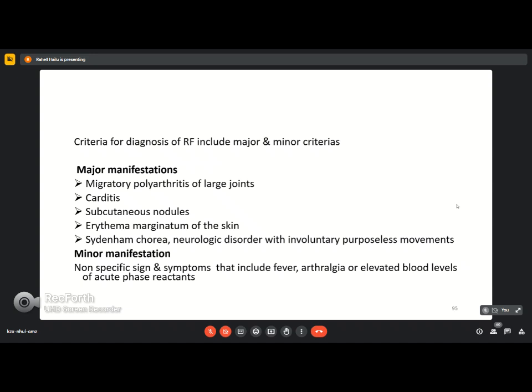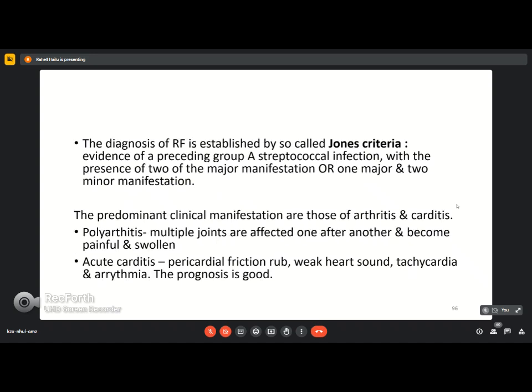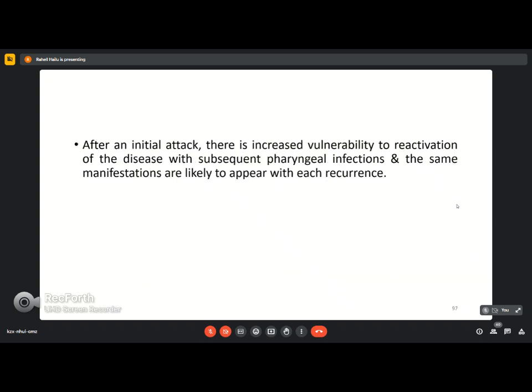Those are the major manifestations that tell you it is a systemic disease. Minor manifestations are fever, arthralgia, and elevated blood levels of acute phase reactants. So if you have 2 major criteria or 1 major and 2 minor criteria, you can diagnose rheumatic fever in particular. The heart disease, as I tell you, is a much more chronic manifestation.